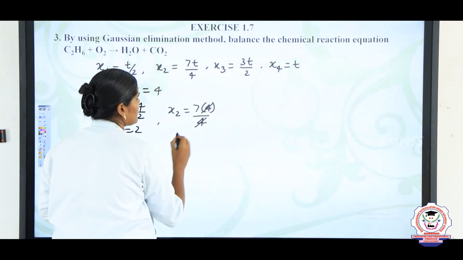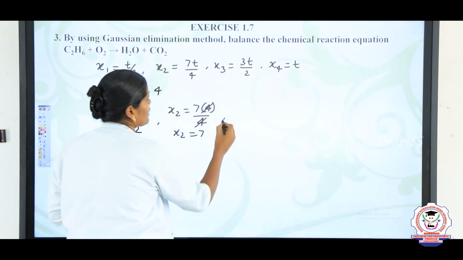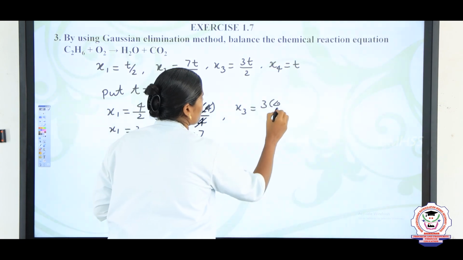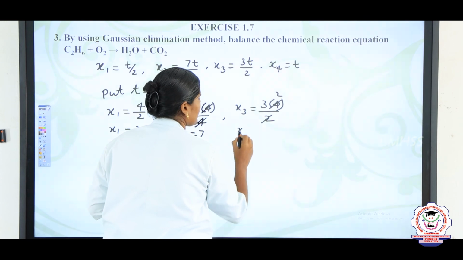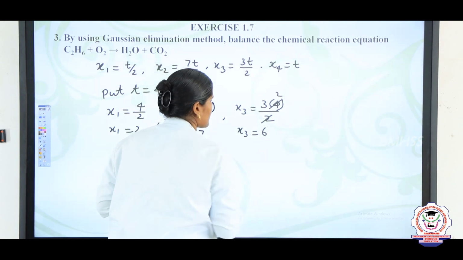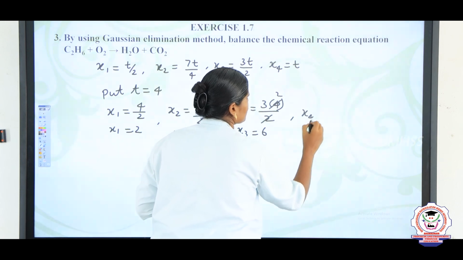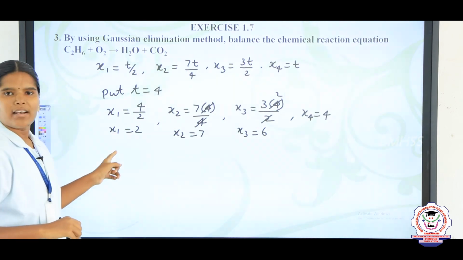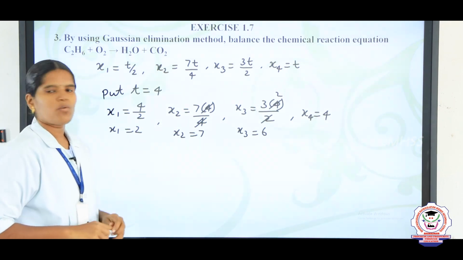So 4 will be cancelled, x2 value is 7 and x3 is equal to 3 into 4 divided by 2. So cancel this 2, then we get x3 is equal to 3 twos are 6 and x4 value is 4. So the answer for x1 is 2 and x2 is 7, x3 is 6 and x4 is 4.